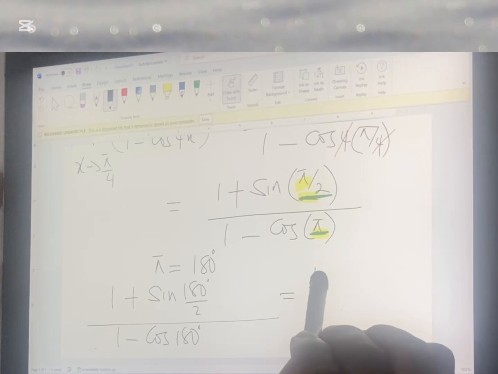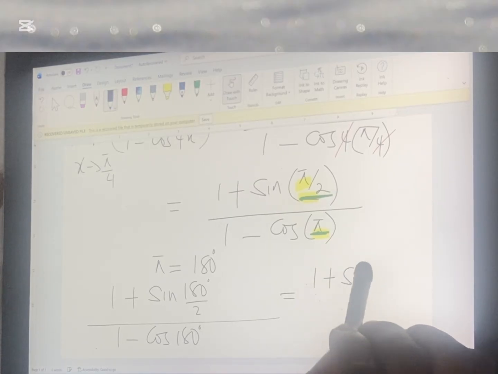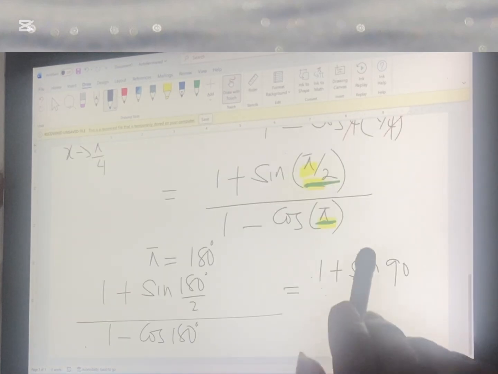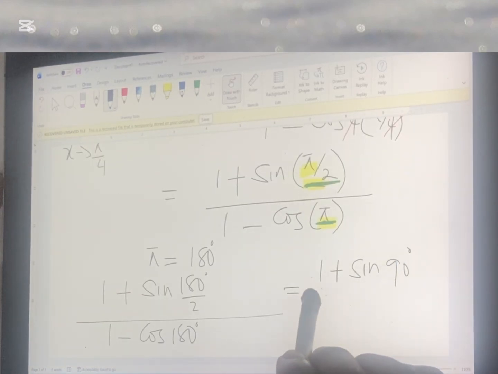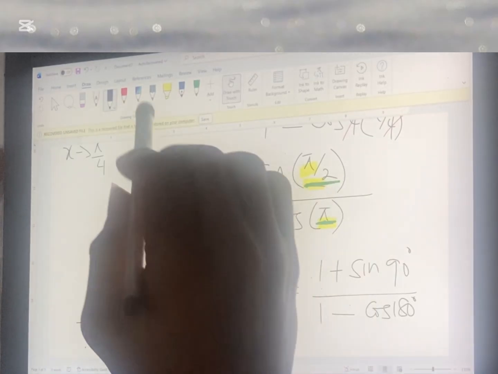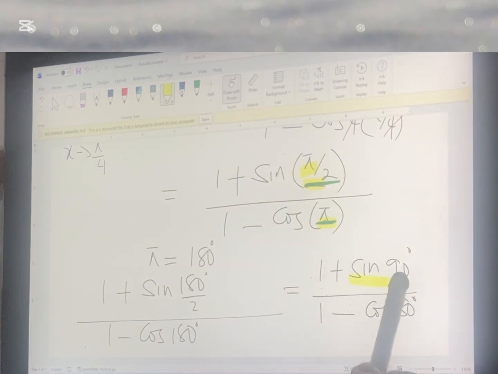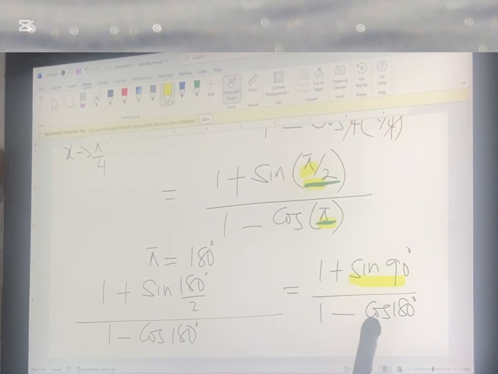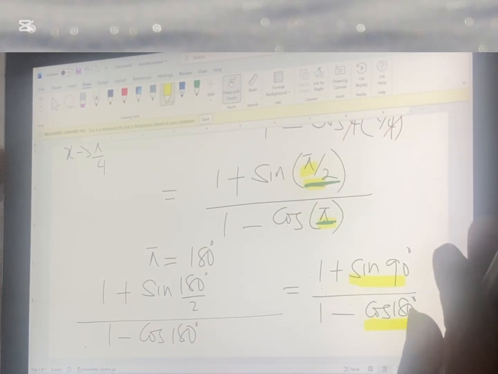So this will be 1 plus sine 90 over 1 minus cos 180. Let's punch our calculator. Sine 90 will give us 1. Cos 180 will give us minus 1.